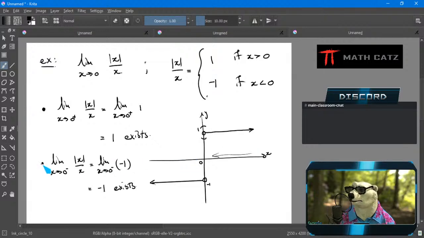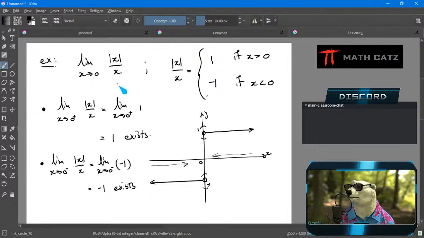For the left side, can I contain the y value of the function to a number? I don't care what the number is, just a number that as I get closer to the x value in question, I'm coming towards 0 from the left, that y value is contained in as small a window as I want as I just get closer. Absolutely. It's as small a window as you want around -1. It doesn't even fluctuate. It doesn't change.